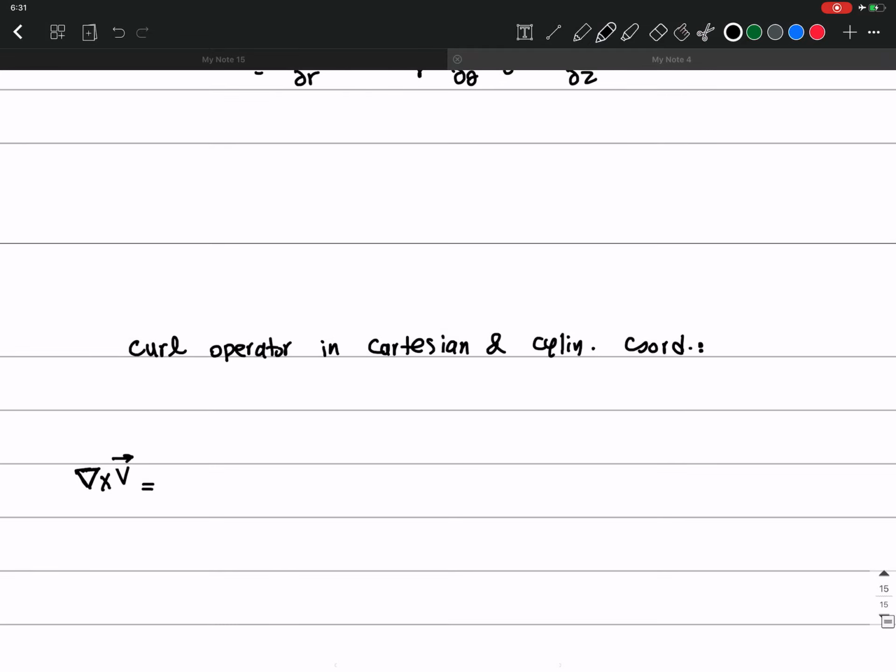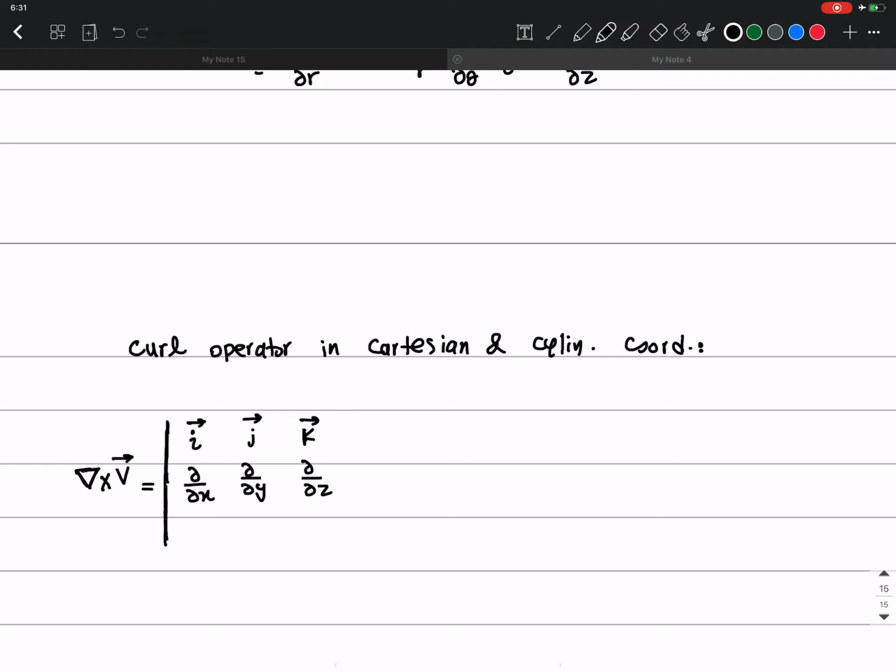And we know from algebra that the cross product of two vectors is just the determinant of i, j, k, and then those two vectors, right? In a Cartesian coordinate system, the first one is the grad, which is partial over partial x, partial over partial y, partial over partial z.